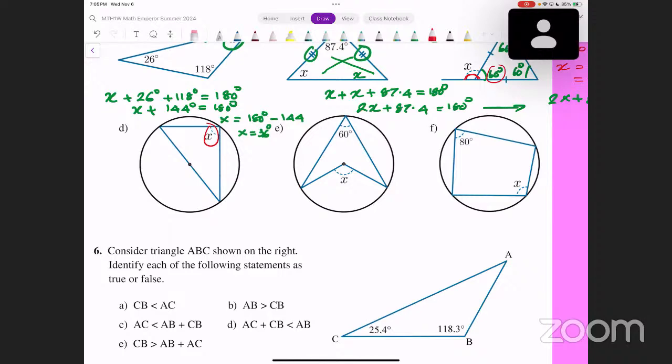Sharon, how big is axis, sir? 90. We just learned it, lady. A diameter will subtend a 90-degree angle at any point on the circle. So if I choose another point and connect, we can guarantee this must be a 90-degree angle. We just talked about that.